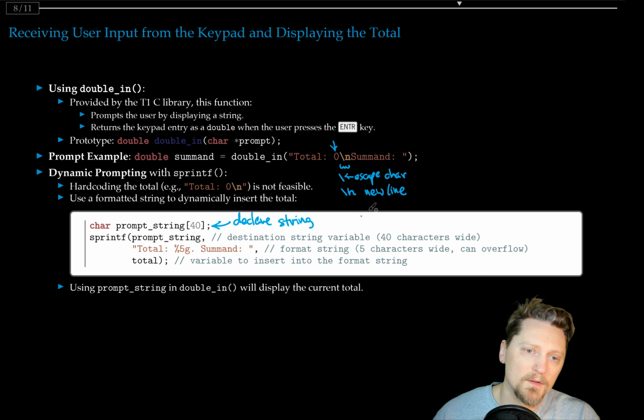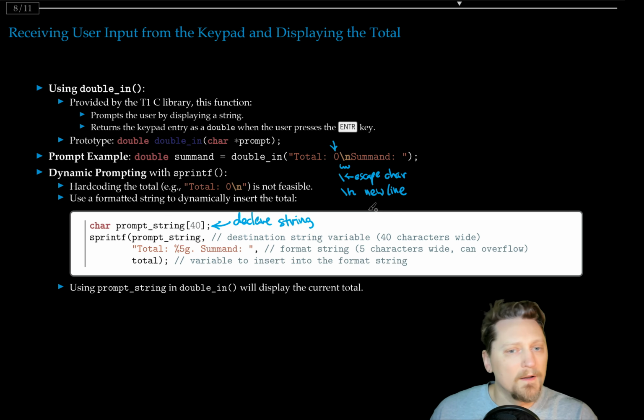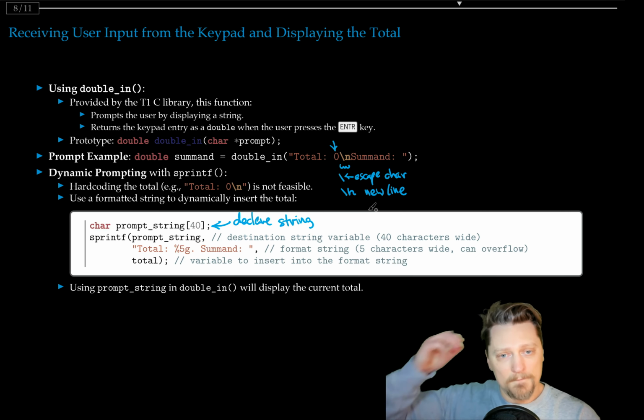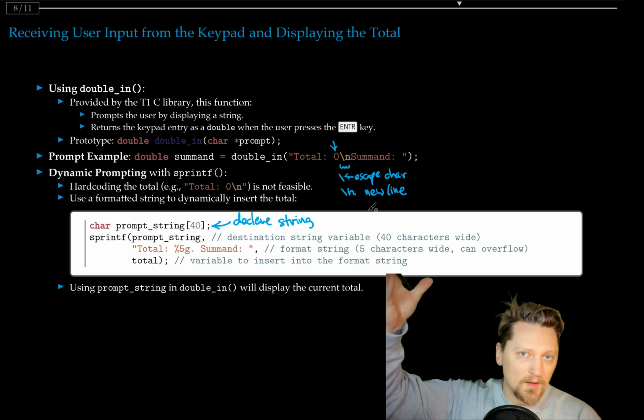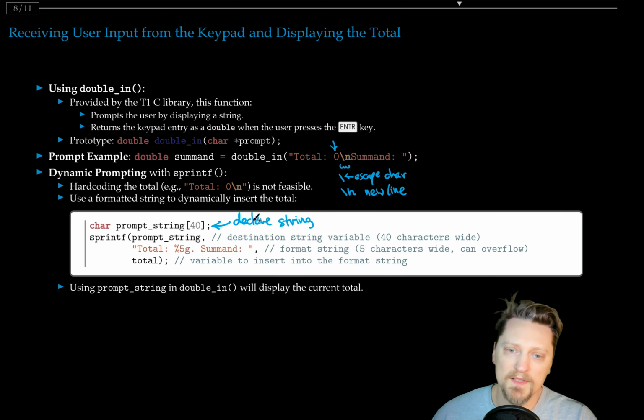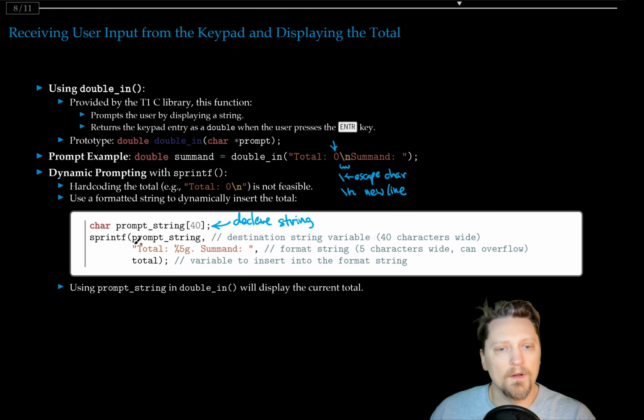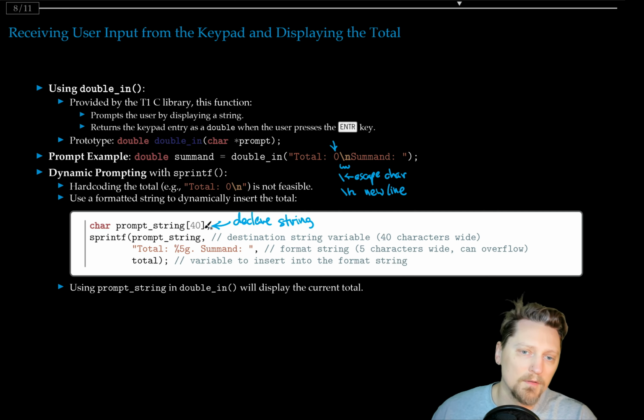And then use sprintf, which is a C function that is available in the stdio library, standard library, and that we'll bring in the program by including the stdio header. So the first argument is the destination string variable for this formatted string. So we're going to give it the variable we want to save the string to.